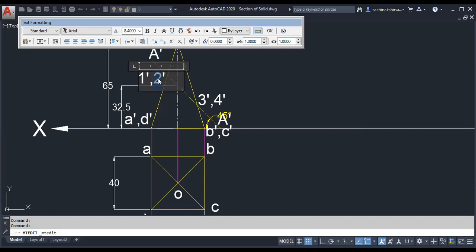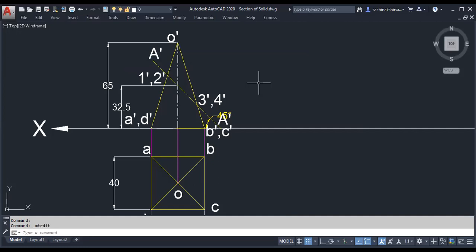Shall I give 4 dash, or will 2 dash be okay for O dash D dash? Is it okay? So shall we locate these points in the top view?